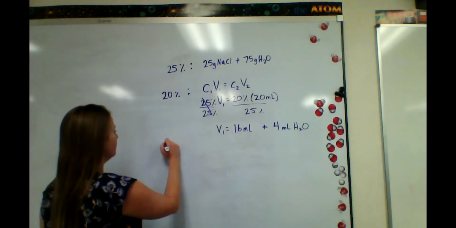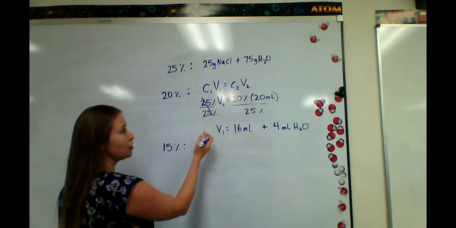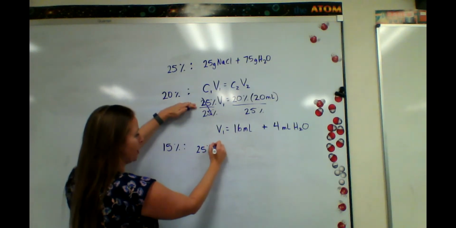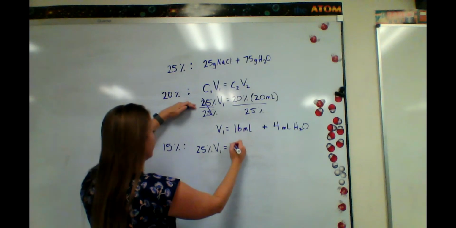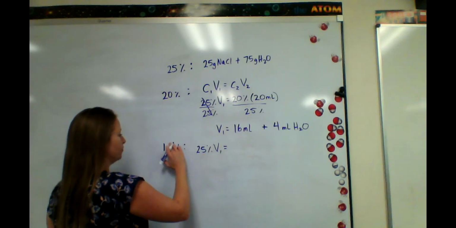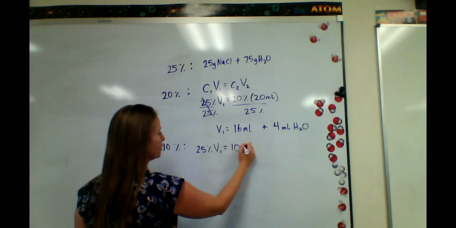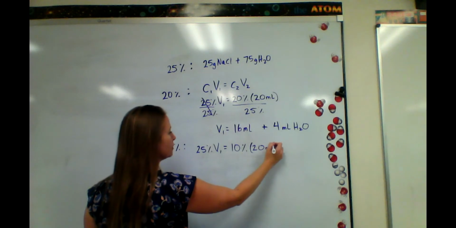Okay, for 10%, we're going to use the same equation, but we're going to plug in C1 is still 25. V1 is still our unknown. What I want to find is, whoops, this is not 15. I apologize, this is 10. 10%, and the volume that we want is 20 milliliters.